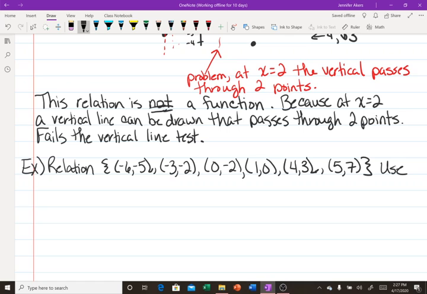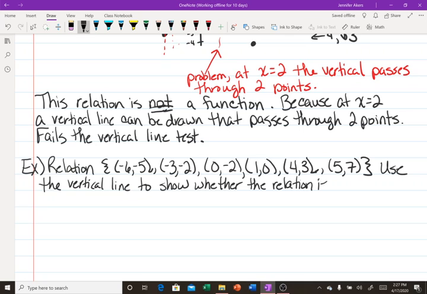Use the vertical line test to show whether the relation is or is not a function.